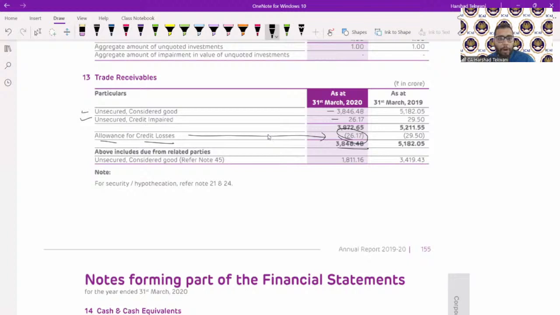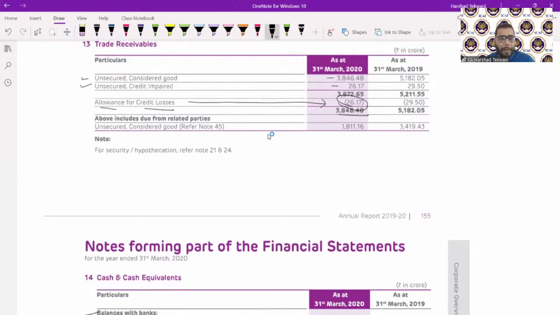Above includes dues from related parties and unsecured considered good. So this is how it is given. For related parties also they are providing a separate disclosure. The reason behind this is that it's required by the division itself. I'll show you.